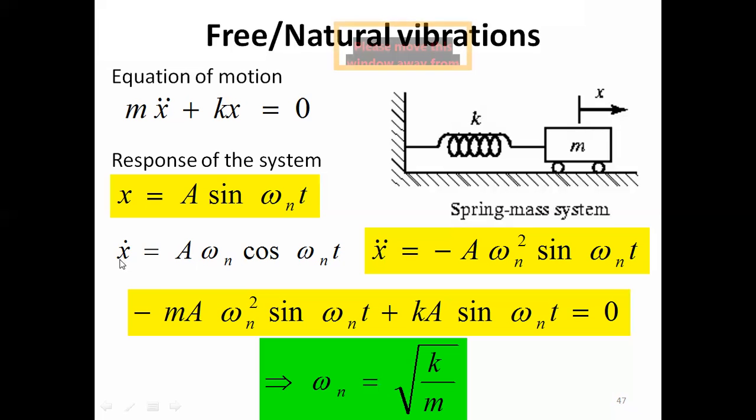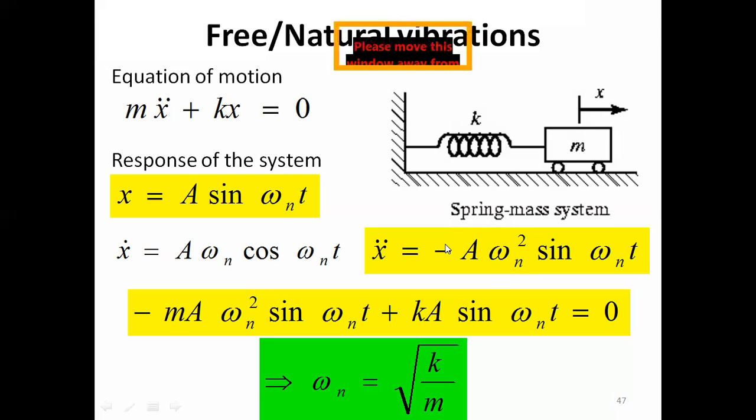If we differentiate this again with respect to time, cos omega n t gives minus sine omega n t, and another omega n comes out, so we have omega n squared. So x double dot is equal to minus A omega n squared sine omega n t.